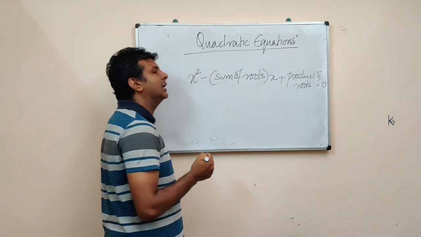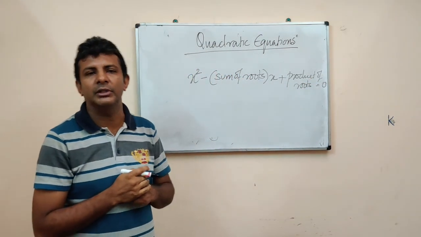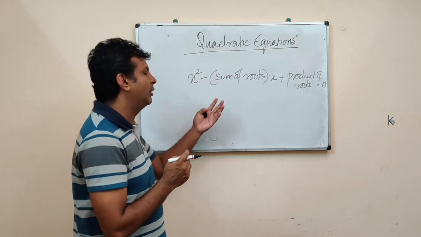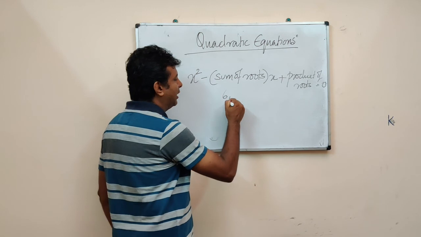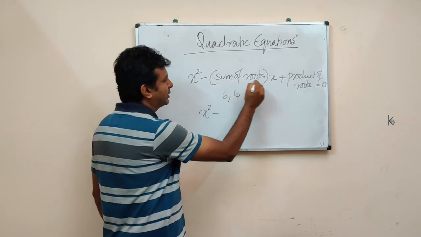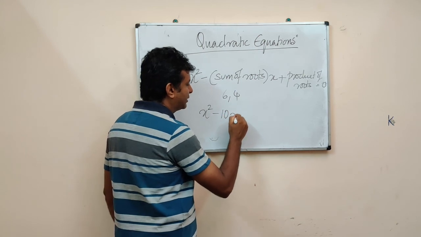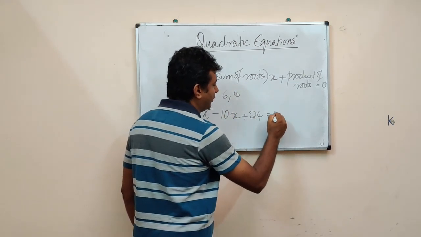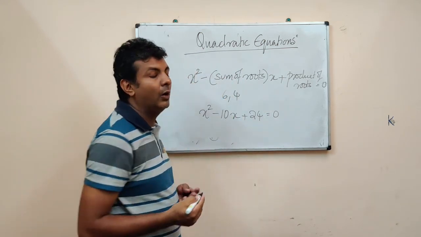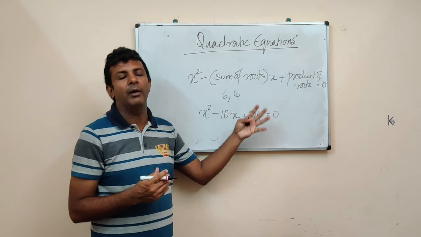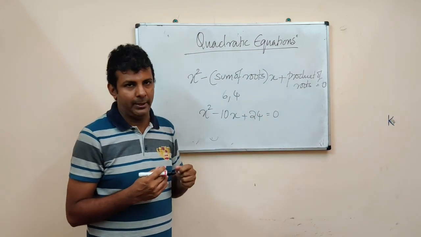This is also a standard method of representation of quadratic equation. Let us look at the previous example. What are the roots? 6 and 4. And what is the equation? x square minus 6 plus 4, sum of roots 10x, plus product of roots 6 into 4, 24, is equal to 0. This is how the construction of a quadratic equation from its roots happens.